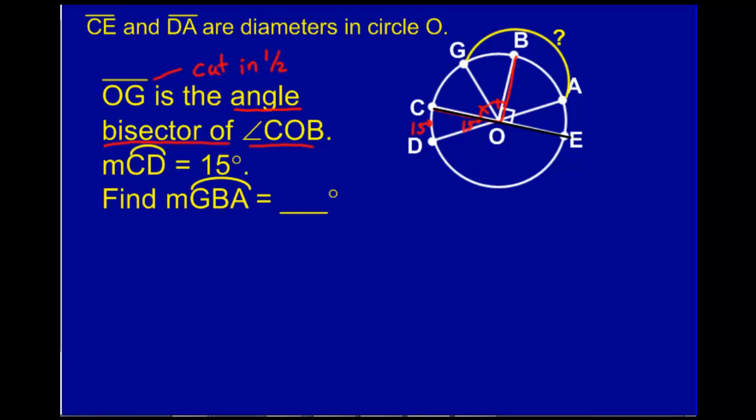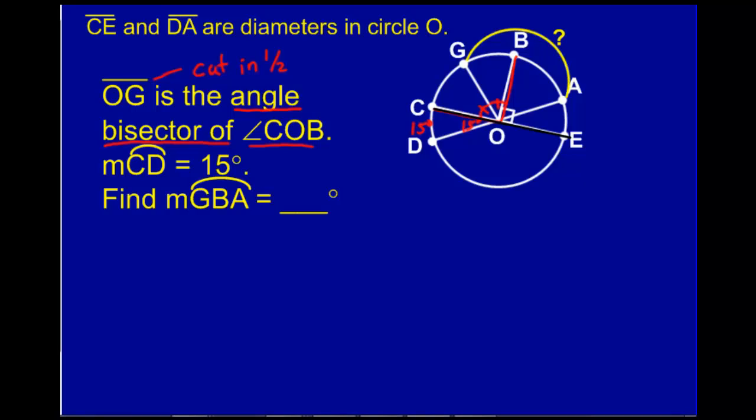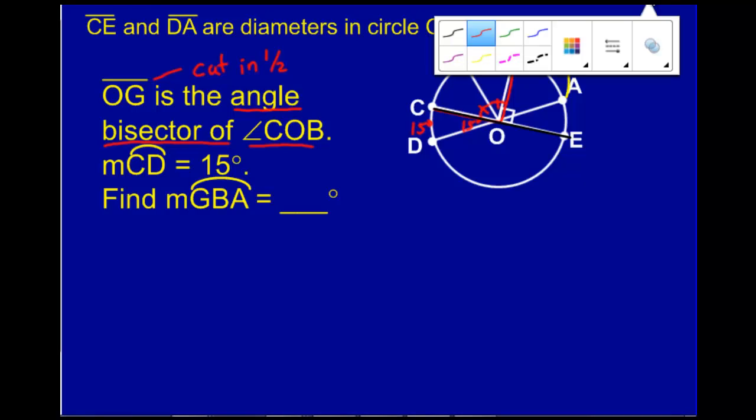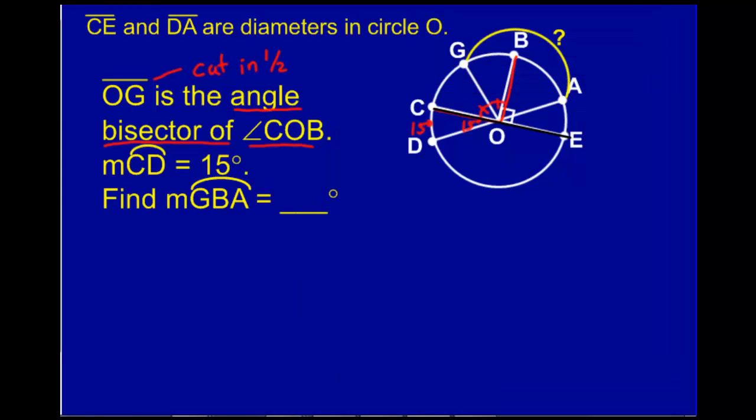So I'm going to call this X and this X. Now, they're the same, and therefore these arcs will both be X. That diameter is a semicircle, so it's 180.